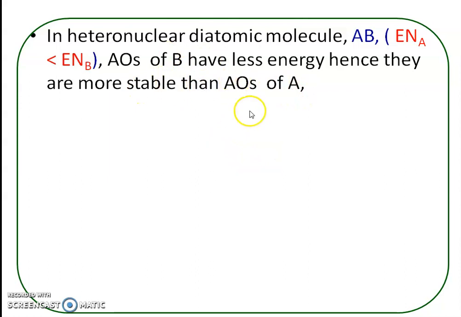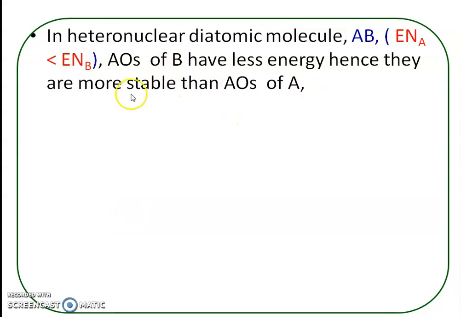Already you know that the atom with greater electronegativity has atomic orbitals with less energy, and the atom with less electronegativity has a little bit higher energy of atomic orbitals.